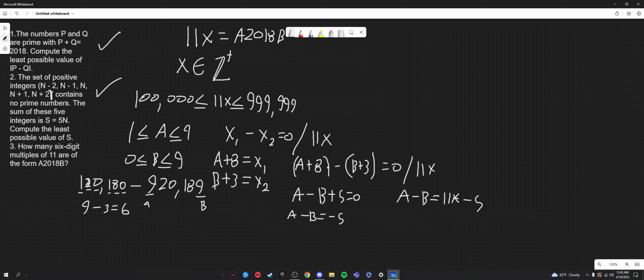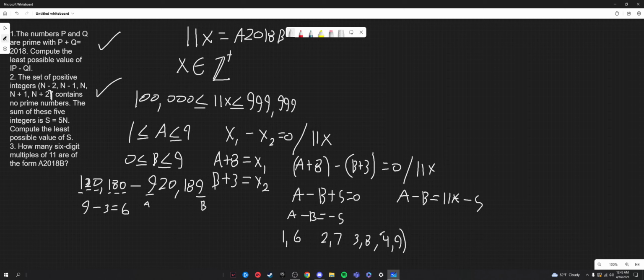From here, this is pretty simple. I already laid out the numbers that a and b could potentially be equal to, so now we just have to find the combinations that come out to negative 5 for this case. So we're going to start at the top, the lowest number of a and lowest number of b, that can come out to negative 5. So we have 1, 6, 2, 7, 3, 8, and then 4, 9.